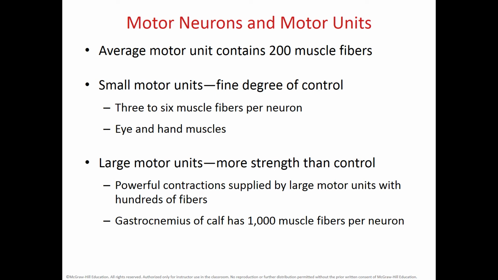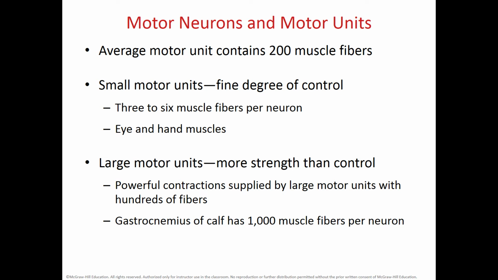So the average motor unit will contain 200 muscle fibers. And you will have some motor units that have less than 200 muscle fibers and some that have more than 200 muscle fibers. Now, small motor units will be 3 to 6 muscle fibers per neuron.